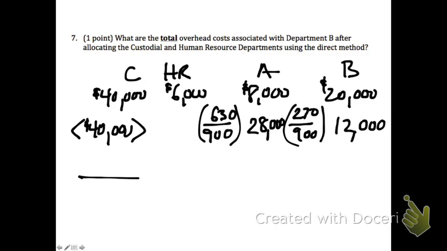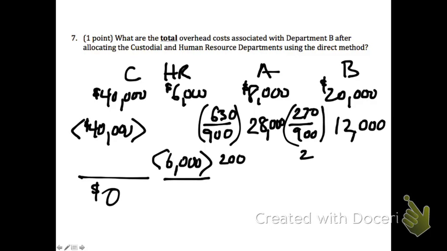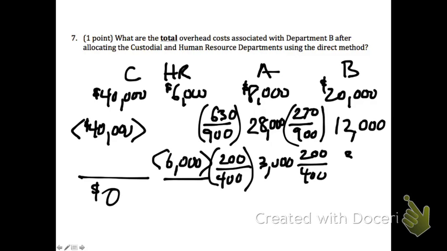After we allocate that, there's a zero balance, and then we allocate the Human Resource Department. The Human Resource Department is allocated based on the number of employees, so we look at the number of employees in Department A and Department B. We have 200 in each, so a total of 400. Half will be allocated to Department A, and half will be allocated to Department B. Again, after allocating, these two departments have no cost left in them.